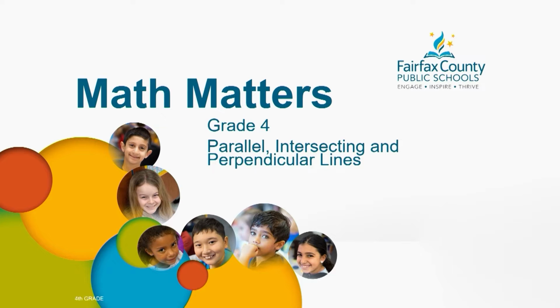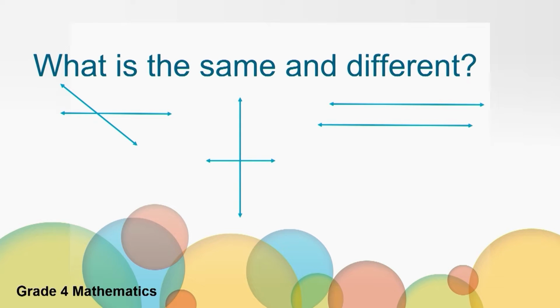I'm Ms. Ott, and today we are going to learn about parallel, intersecting, and perpendicular lines. You know that a line goes on and on in both directions and is marked with arrows at both ends. What is the same and different about these sets of lines?